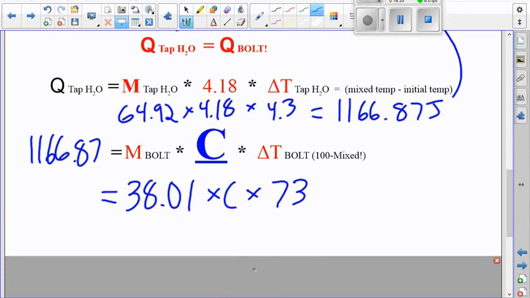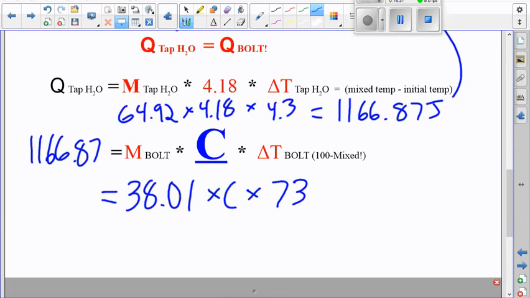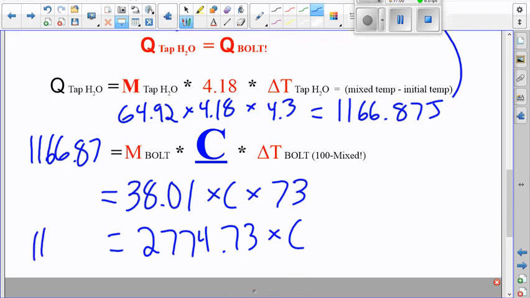And if you were to plug this in, so if I simplify this, where's my calculator? Here we go. 38.01 times 73. I got 2774.73 times C. And that's equal to 1166.87.